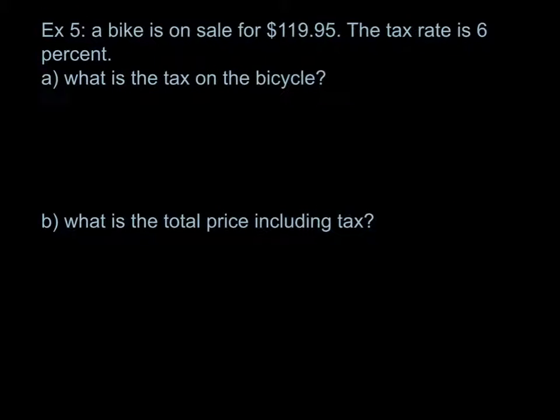Example 5, it says, a bike is on sale for $119.95. If the tax rate is 6%, what is the tax on the bicycle? Tax, you would just multiply by $119.95.